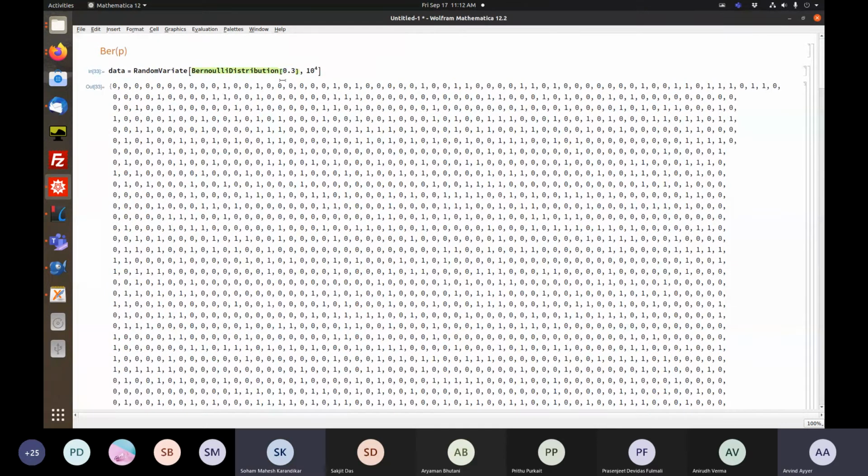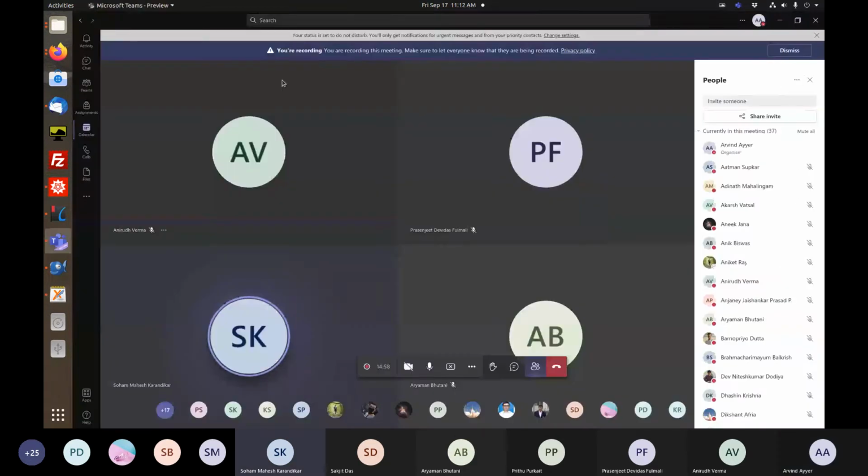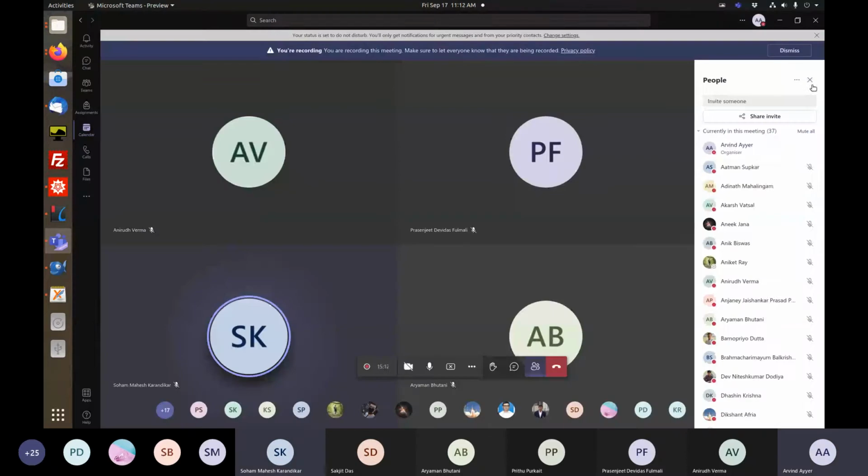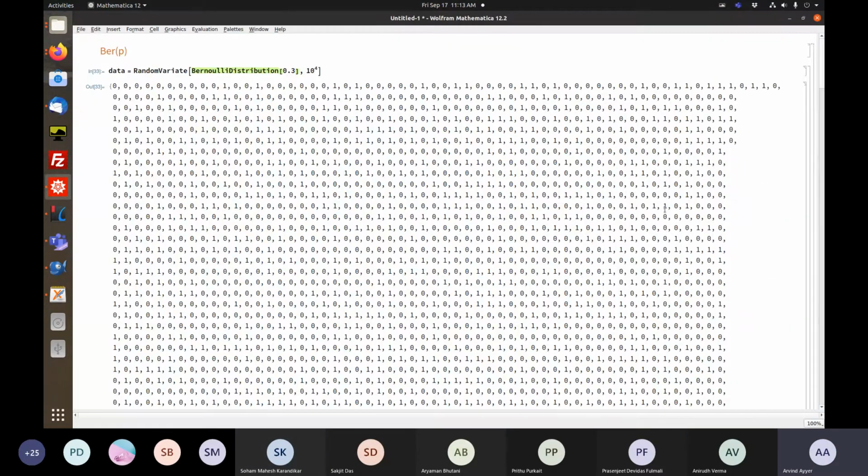Excuse me, sir. Yes. Sir, but isn't the algorithm which is generating these random numbers itself biased? How are we guaranteed that the probability will tend to the theoretical probability? Well, what do you mean by biased? As I said earlier, on a computer you cannot generate truly random numbers, but you have what are called pseudo-random numbers.